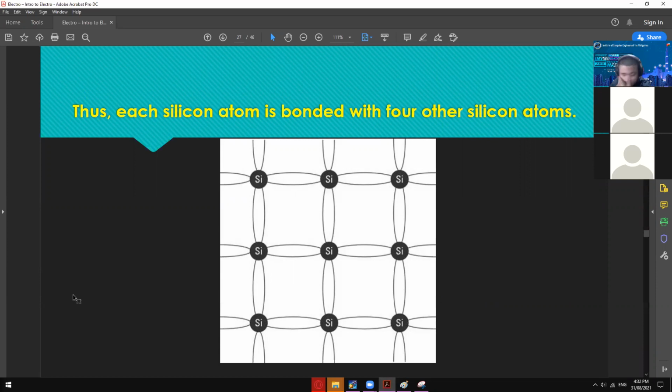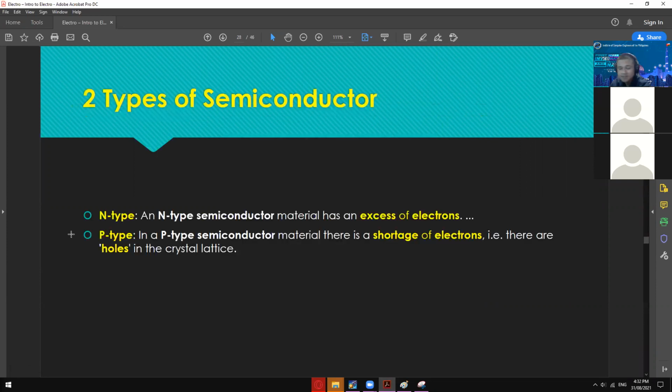All right, so let us now talk about the 2 types of semiconductors. We have the N-type and then the P-type. So for the N-type, meaning there's more excess of electrons in this kind of semiconductor. And then for the P-type, I think it's very obvious, it has a shortage of electrons, meaning there's more holes on this type of semiconductor.